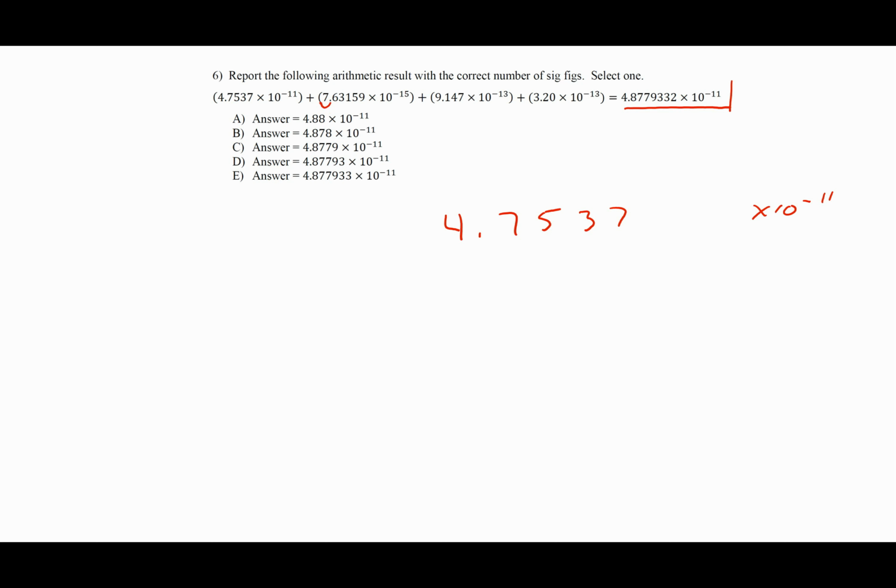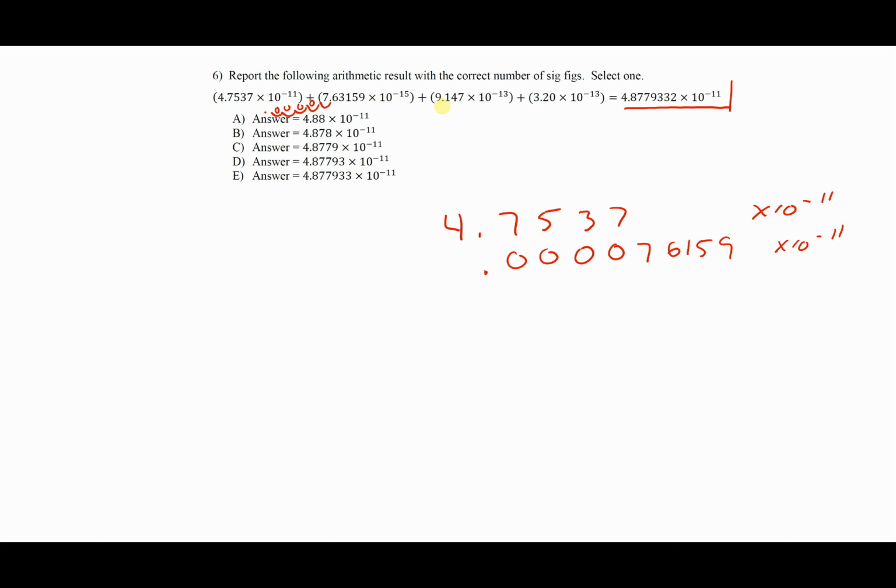So we could move this. That would be 14, 13, 12, 11, 10. So 0.000076159 times 10 to the minus 11th.